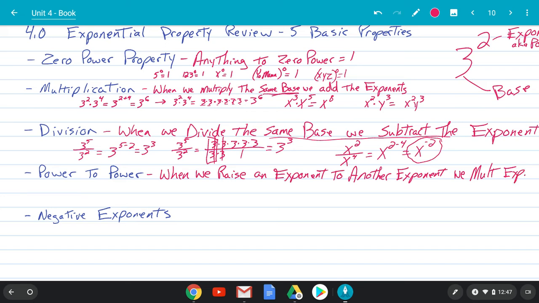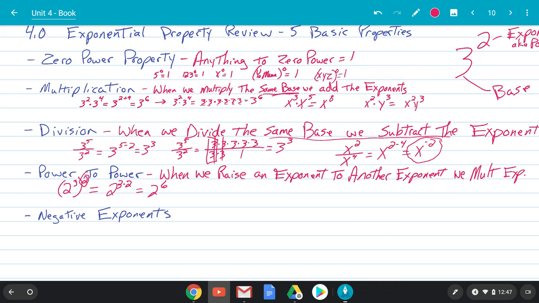For example, if I have 2 cubed raised to the 2nd power, I'm going to multiply those exponents to get 2 to the 3 times 2, which is 2 to the 6th. Well, how does that work?